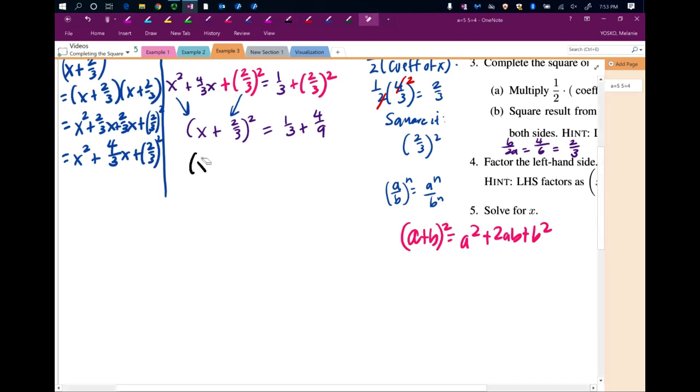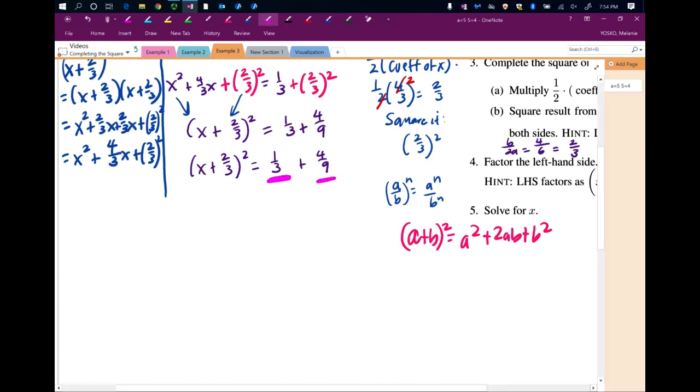So this is x plus 2/3 quantity squared equals. Okay, we need to combine the fractions on the right-hand side. Well, they're fractions, so we have to have a common denominator, right? Okay, so we have 1/3 and 4/9. The least common multiple of the denominators is 9, right?